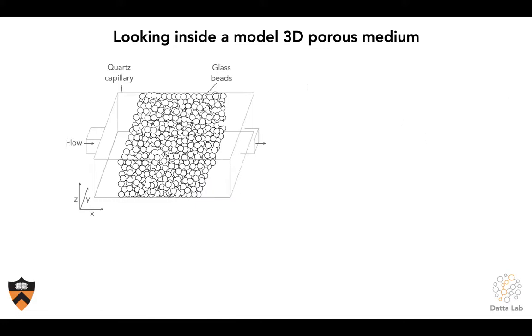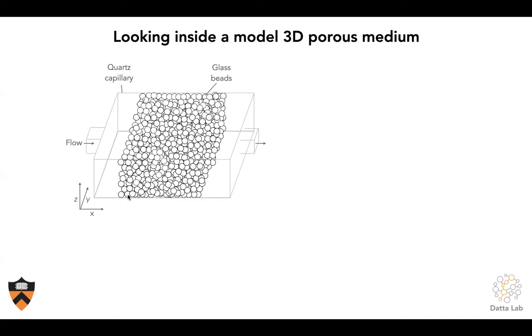And so the way we do this, again, is by using the same trick, index matching. So what we do is we make our own model 3D porous media by taking glass beads. They're slightly polydisperse, but they have the same mean size, right? Packing them together inside a quartz capillary. So these are typically millimeters or centimeters across, right?